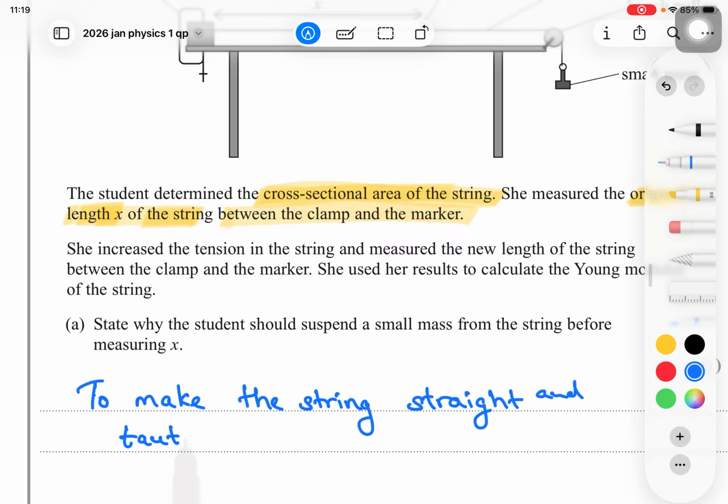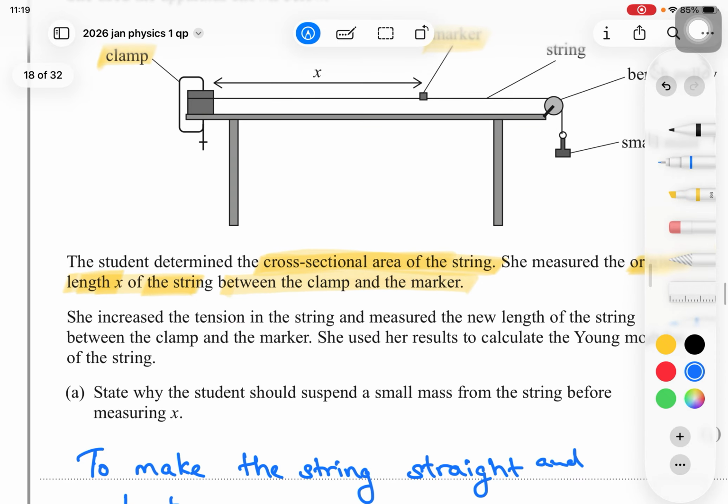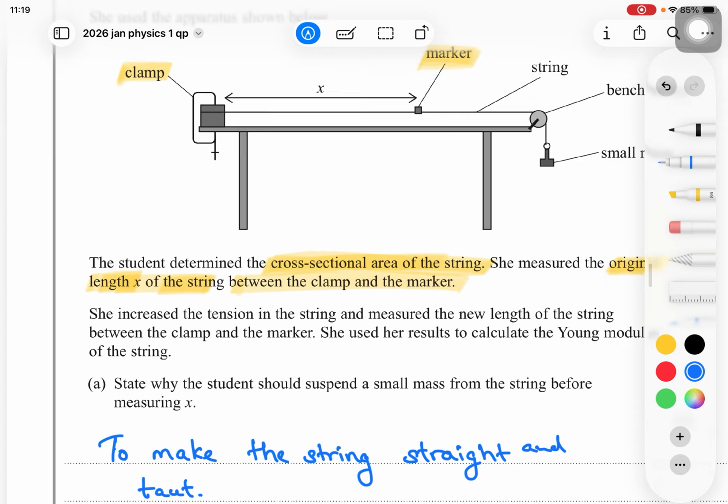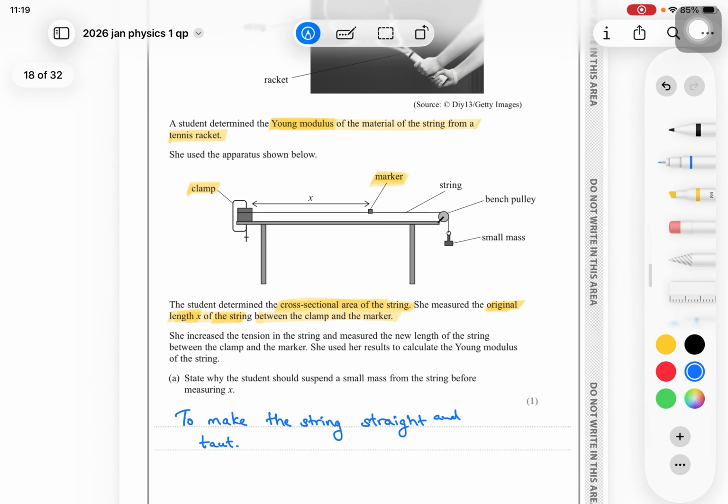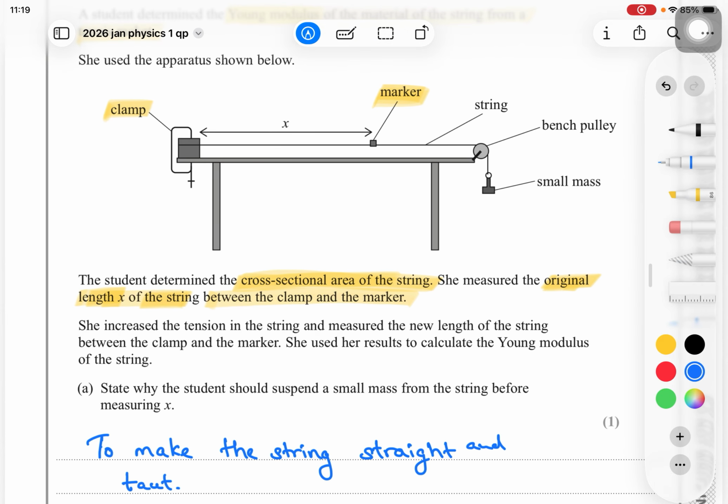Otherwise it will be curvy, so we can't measure the accurate original length. If the accurate original length is a concern, it will affect the whole practical. That's why we get the original length by making the string straight.